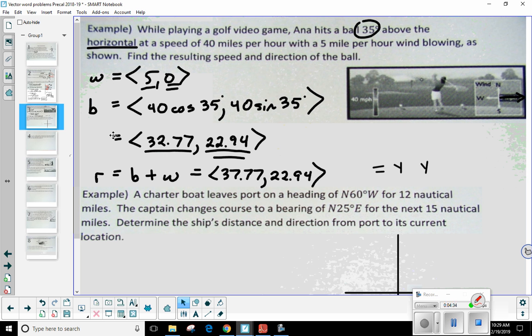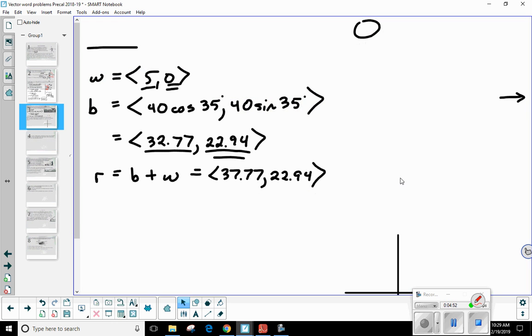And let me take those off real fast. I don't know where those came from. Looks like equals YY. That is not what I meant to do.